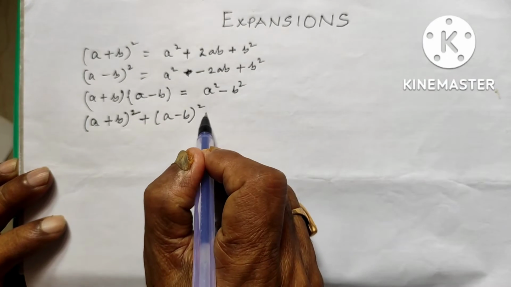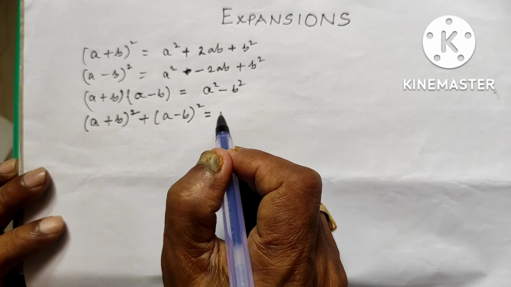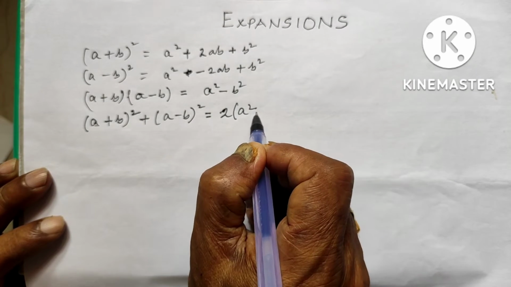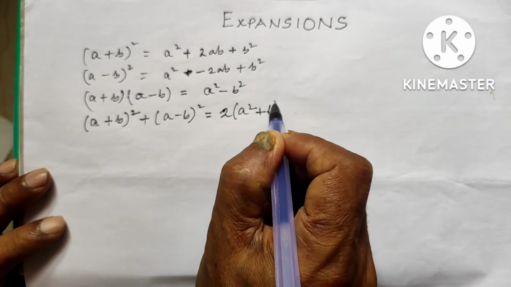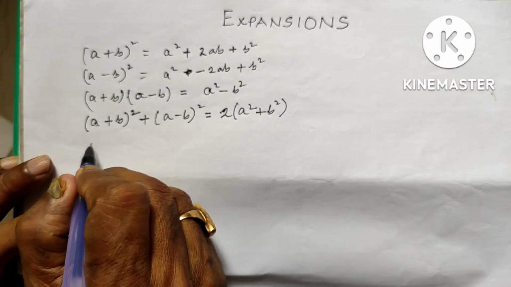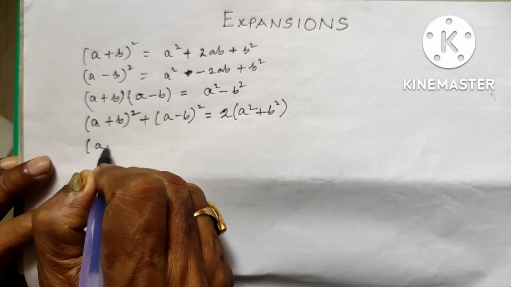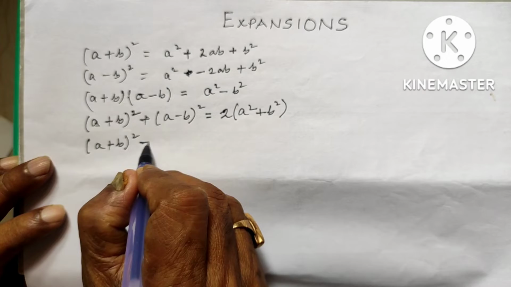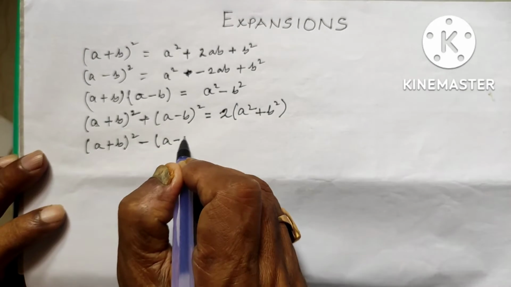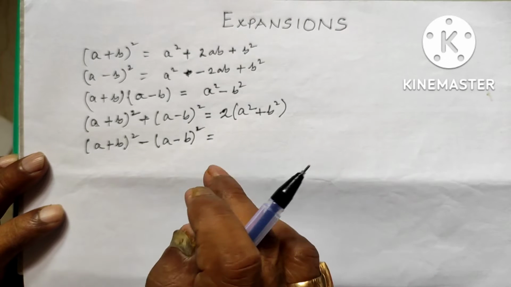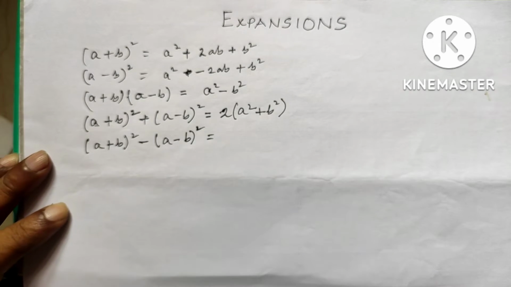When we do it, then we get 2 into (a square plus b square). This is very important. This is one of the corollaries of these formulas. Similarly, (a plus b) whole square, when this sign becomes minus over here, (a minus b) whole square, then what does it give as the result?